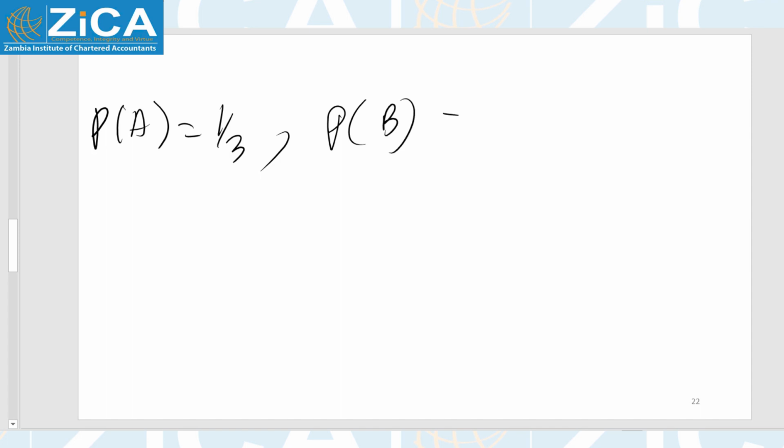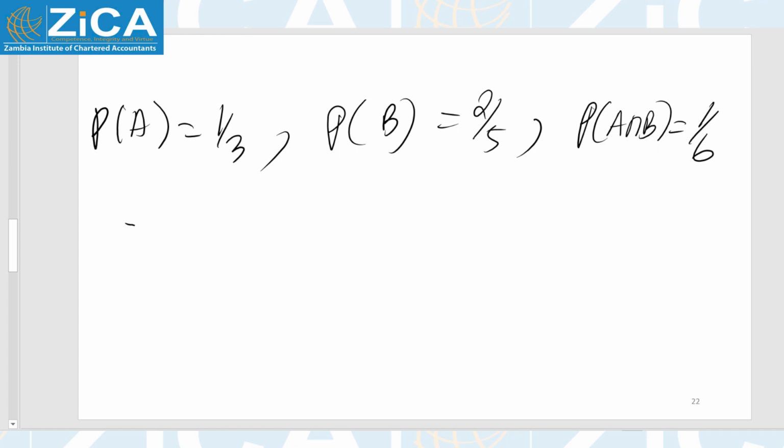You are given probability of A as 1 over 3, probability of B as 2 over 5, and the joint probability, A intersect B, as 1 over 6. You are required to find probability of A union B.